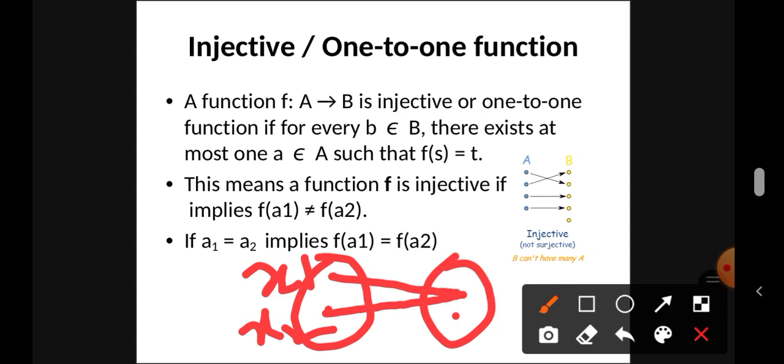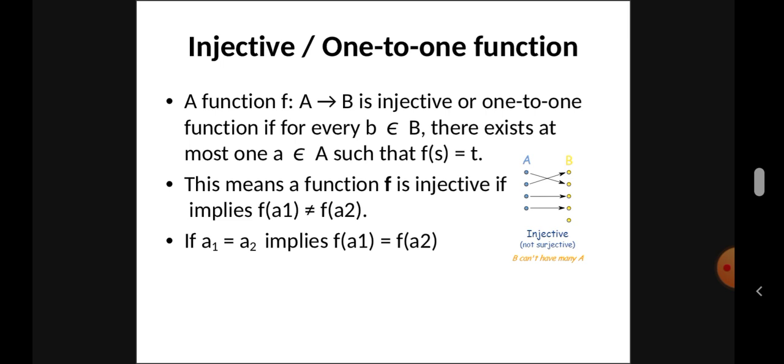Only if x1 is equal to x2 can we have the same value in set B. Okay, so for whatever is in A, only a single corresponding value may exist in B. If two values map to a single value, that is x1 and x2 map to a single value, then x1 must be equal to x2. That is what we call a one-to-one function or injective function.